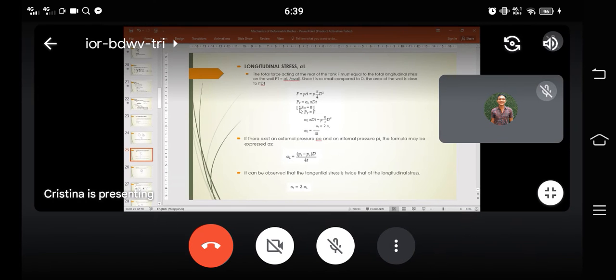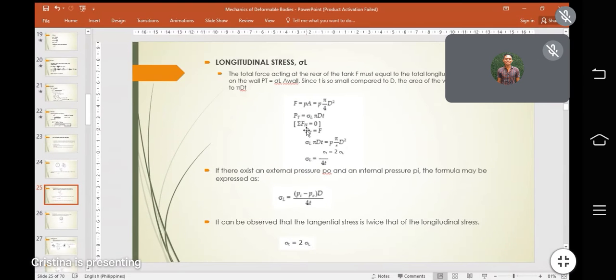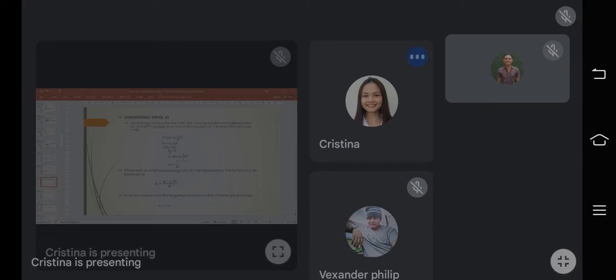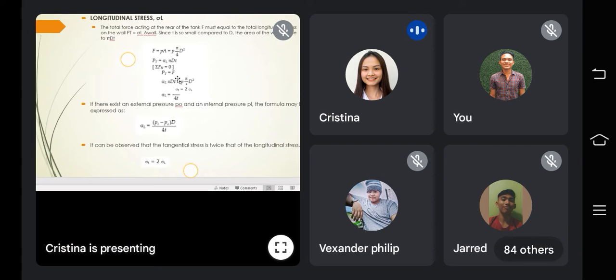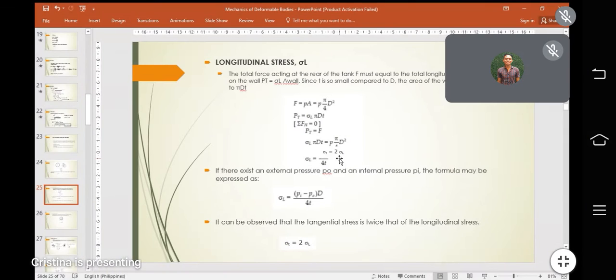By summing up forces horizontal equal to 0, we equate PT and F. Substitute, simplify, we get PD over 4t.